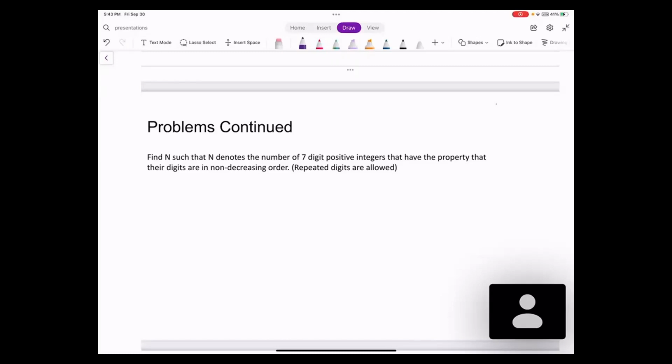How we can view this problem is, again, by looking at the number of ways we can put some stars into a certain number of bins. So because they have to be in increasing order, we can write them out as 1, 2, 3.